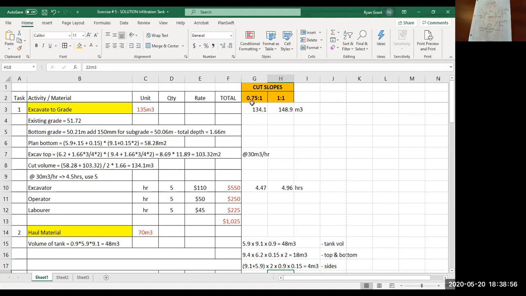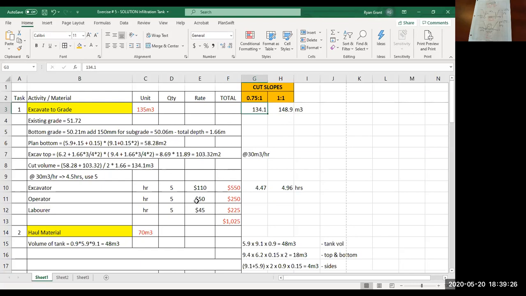So with my solution here, I've done a solution based on cut slopes of 0.75 to 1, and then most of you selected a 1-to-1 excavation slope, which I didn't mark you wrong on, but you can see that the volumes are quite a bit bigger with a 1-to-1 versus 3/4 to 1, which translates into more dollars.